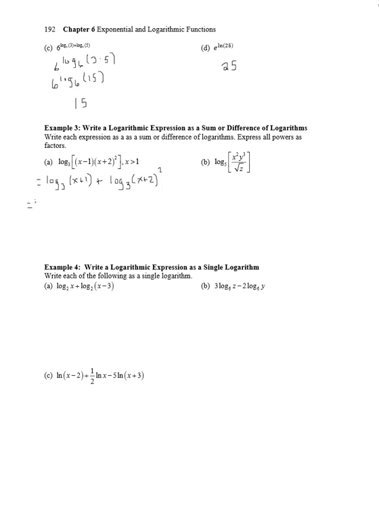So we have log base 3 of x plus 1 plus 2 log base 3 of x plus 2. And sorry, I just misdid that. That should be a negative right there, and this should also be a negative.